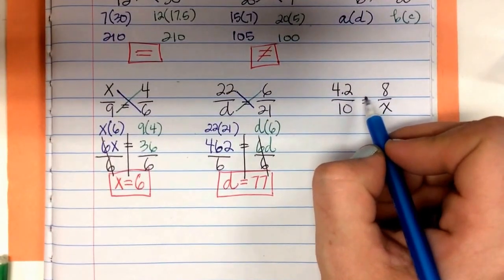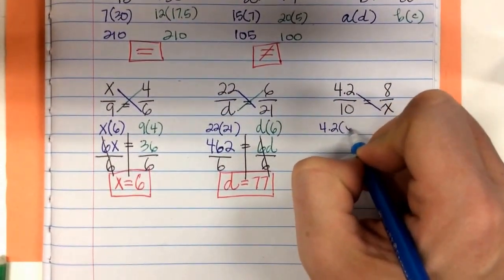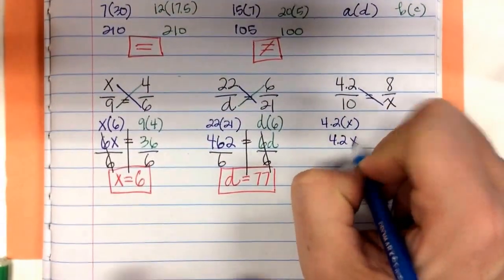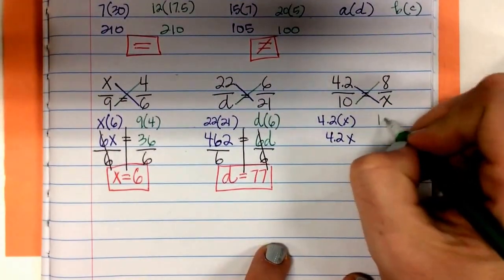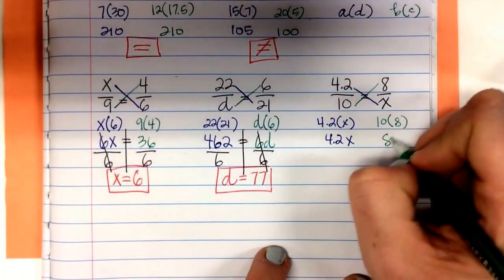It's okay if you did. It doesn't matter. 4.2 times X equals 4.2X. 10 times 8 equals 80.